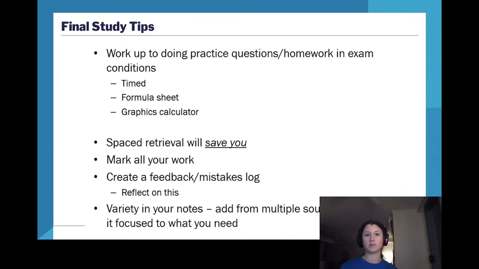Next, spaced retrieval will save you. So make sure when you're learning your definitions and your concepts that certain periods after your lesson, whether it's at school or at ShootSmart, or a video that you watched or anything like that, you are using flashcards or asking yourself questions about the content and remembering it from your own mind.